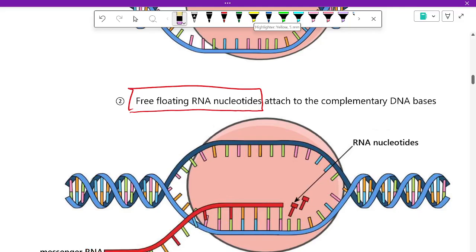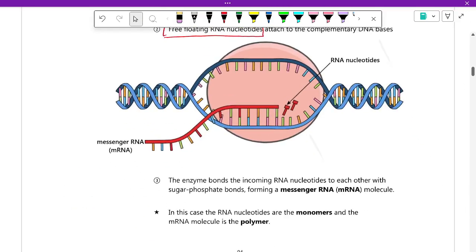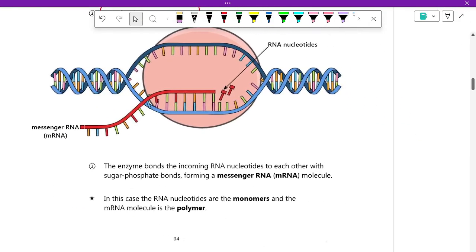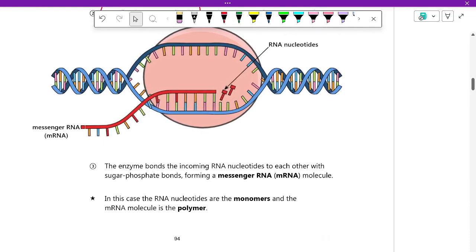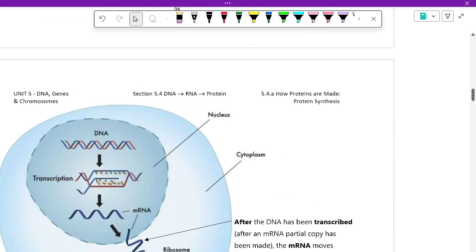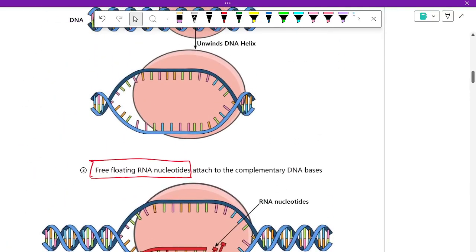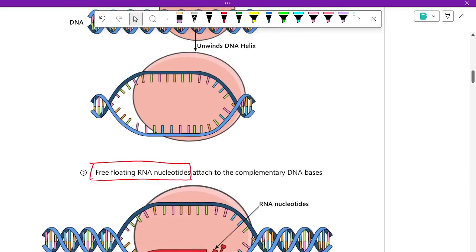I could be wrong about that. Maybe there's a second enzyme. I don't remember because I haven't taught this at anything further than a grade 9 level in 30 years. So I can't remember the details of the enzymes. But if you take grade 12, you'll learn about them. Okay, so they come in and you get this copy and then everything detaches. Yep, that's it. The RNA nucleotides are the monomers and the mRNA molecule is the polymer. You don't need to know any of that detail. That's just there so you kind of get how it happens.